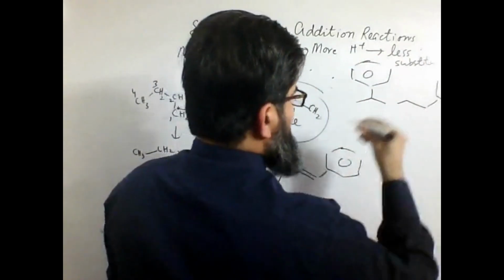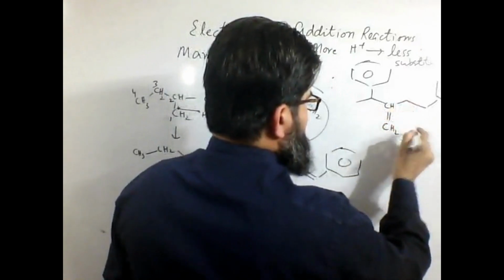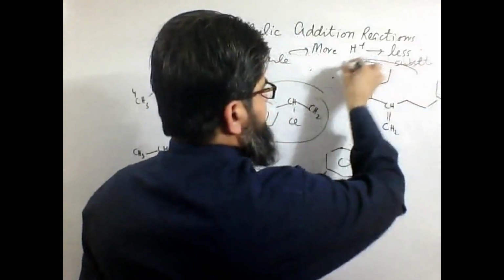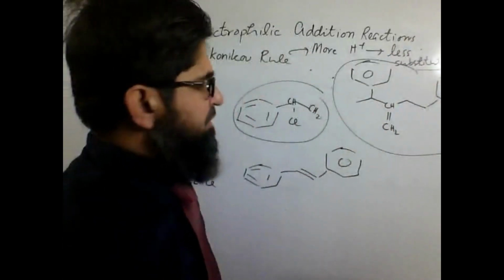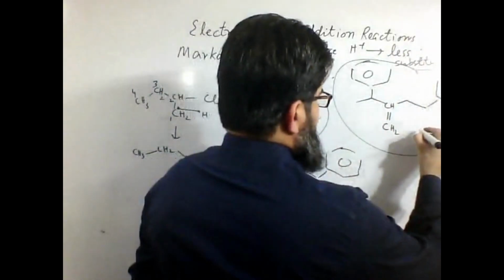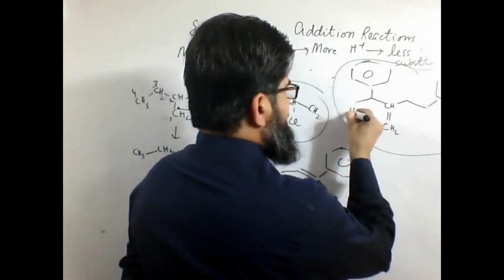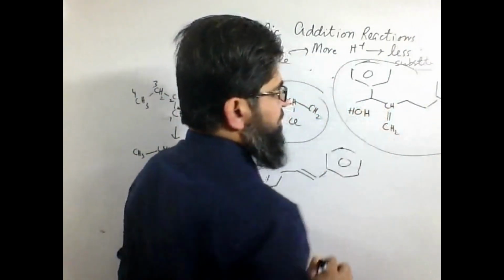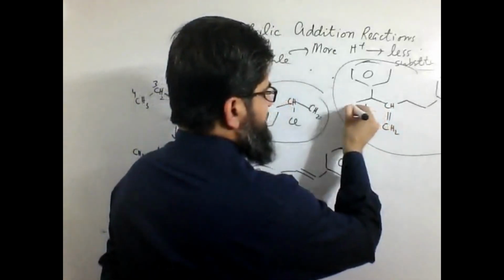Over here I can show you in this case. Let's say we have a molecule over here. It's a CH and we have CH2. This is an alkene from here to here. This is an alkene molecule. Okay. And let's say we are going to do hydration. We are going to add water. We have water, OH is negative and proton is positive.